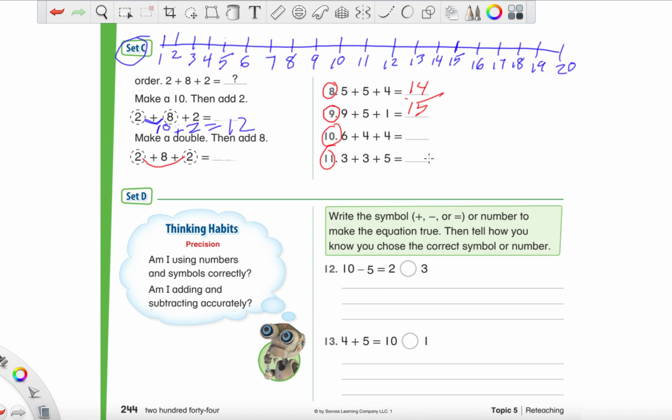Okay, guys, if you're not done with 10 and 11, pause the video, take your time as usual. But if you're done, keep this rolling for a second.